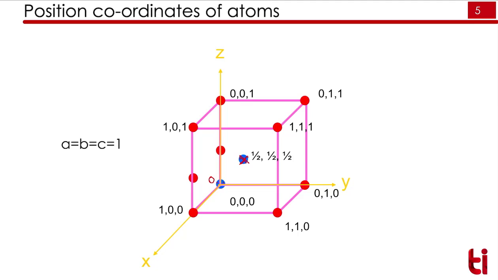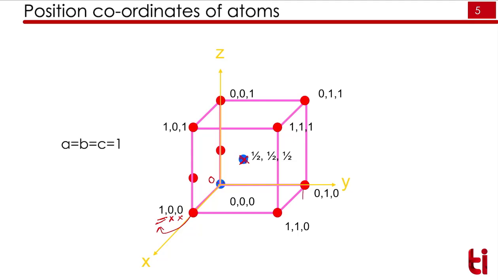Then if you go along the x-axis, you have to write 1, 0, 0. It means that the position of this atom is 1 along the x-axis, 0 along the y-axis and 0 along the z-axis. It means that it lies only on the x-axis and not on the y-axis and z-axis.